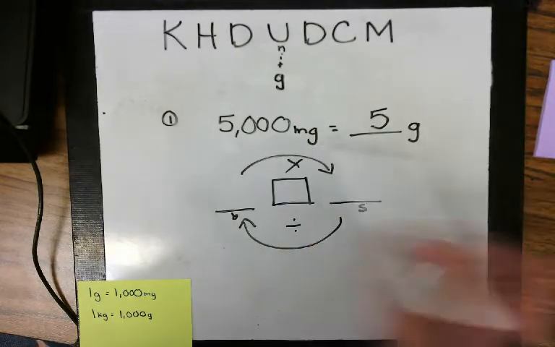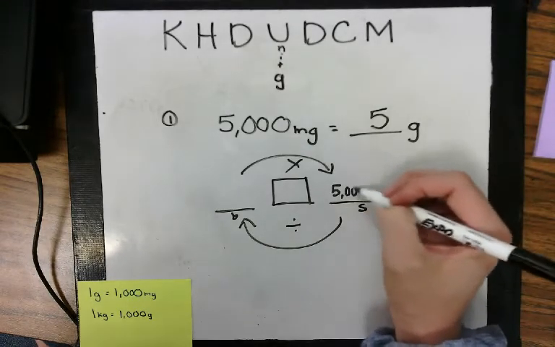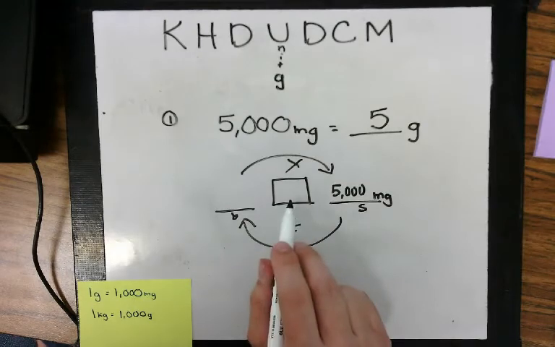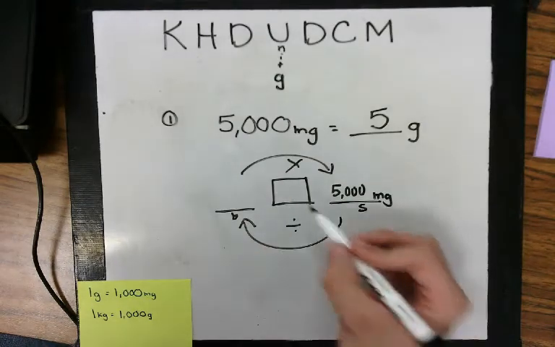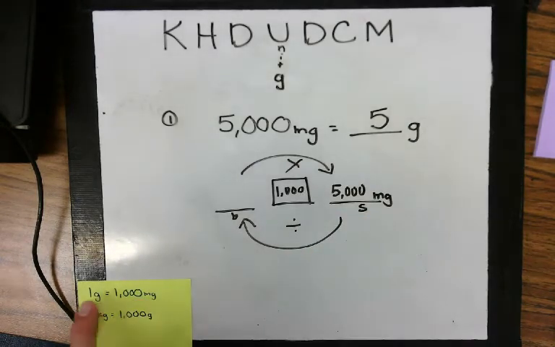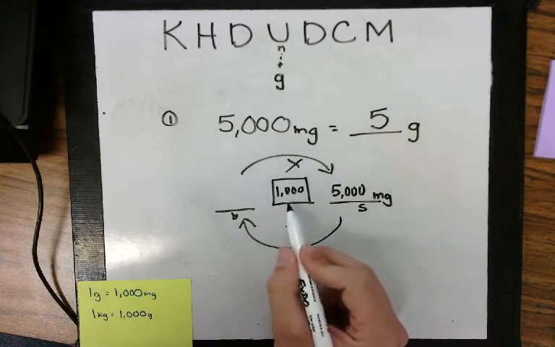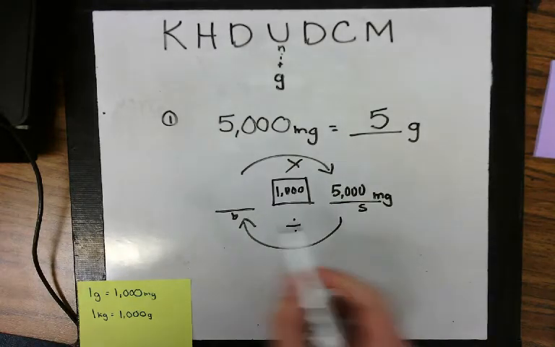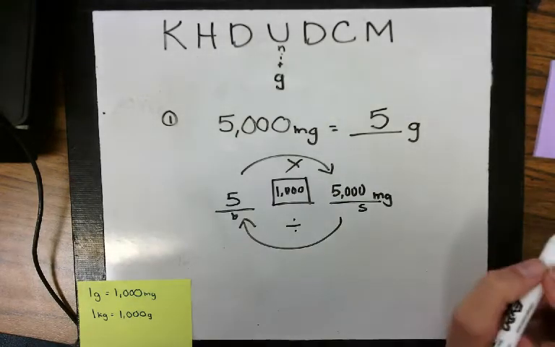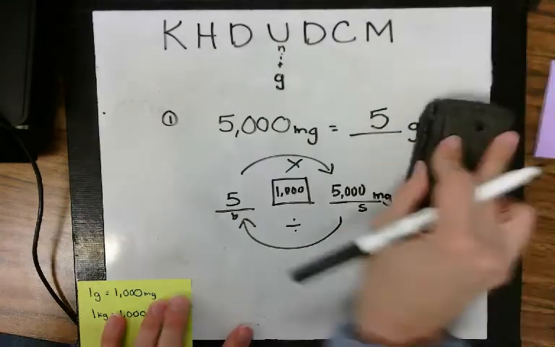Okay, milligrams are smaller, so I know I'm starting with 5,000 milligrams, and my basic unit is 1,000 because there are 1,000 milligrams in a gram. This tells me to do 5,000 divided by 1,000, and if we do 5,000 divided by 1,000, we'd get 5. So there you go. Both options are great ways to do it.